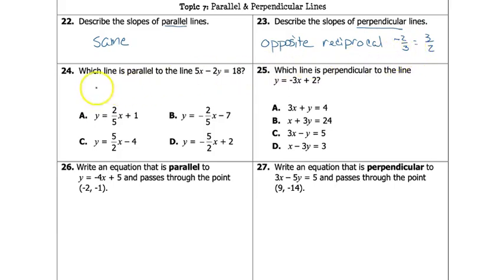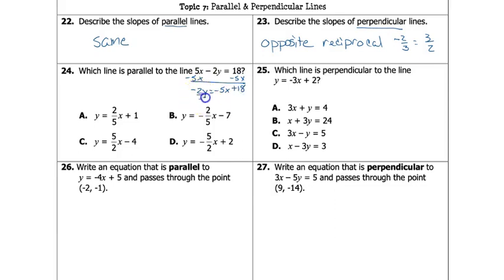So looking here, 24. Which line is parallel to the line 5x minus 2y equals 18? Well, if it's about having the same slope, I need to find the slope here, which means I need to change that into slope-intercept form. So I'm going to do that. First I'd just subtract the 5x from both sides. So I would have negative 2y equals negative 5x plus 18.